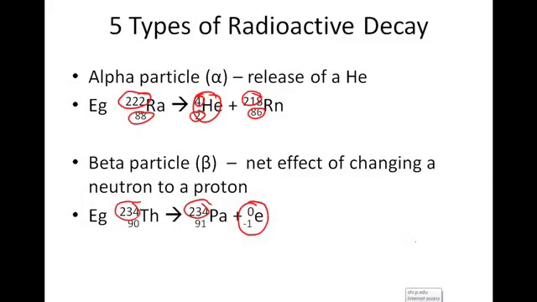We start off with 90 protons, and we end up with 91, because we're changing a neutron into a proton.